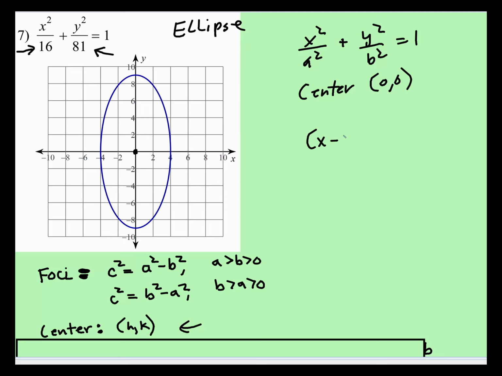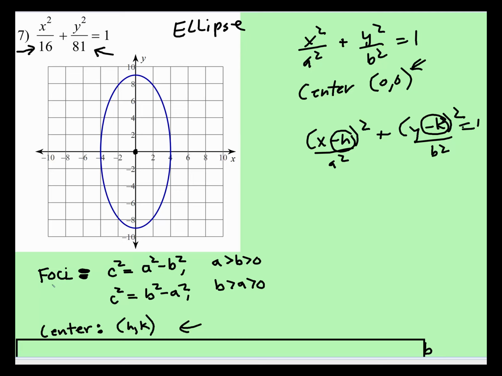Only when you have (x minus h) squared over a squared plus (y minus k) squared over b squared equal to 1 does this tell you that the center of the ellipse will not be at the origin. But when it's set up like this, the center is going to be (0, 0). And if you type this into Desmos just like that, you'll get an ellipse, right?